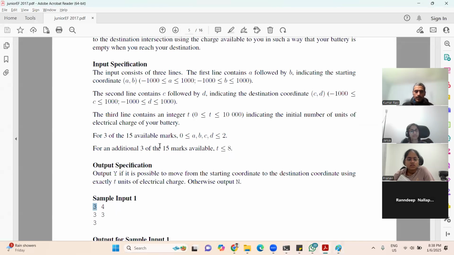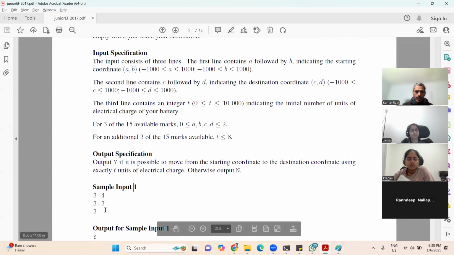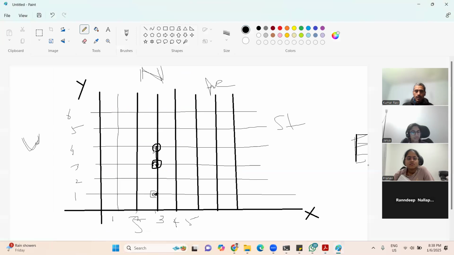Now suppose you have been given 3 units of battery. This is point A, this is point B. If I go from A to B, when I reach B, all units of battery should be exhausted. If I go the shortcut way, it takes 1 unit, and I will be left with 2 units. That is not correct. We have to exhaust all the units of battery before reaching there.